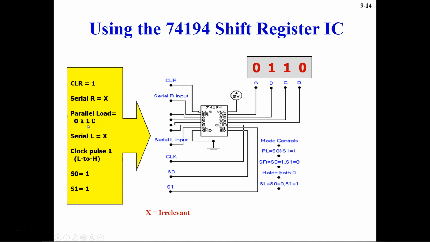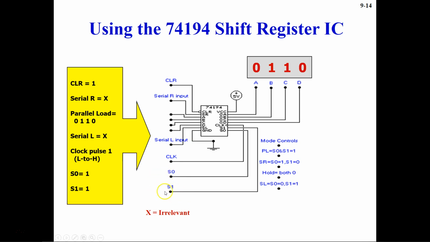For parallel load you're giving A, B, C, D as 0, 1, 1, 0. Serial L is equal to X, also irrelevant. Then the clock pulse is 1, going low to high, and you're giving S0 and S1 both equal to 1. So when you give both of them 1, what will happen?